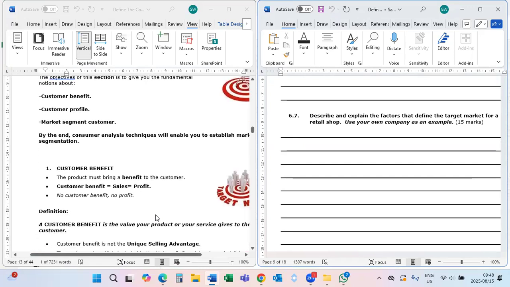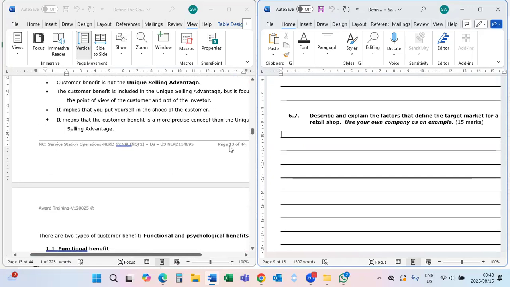You can find further information on segmenting it and so on page 13 of 44.